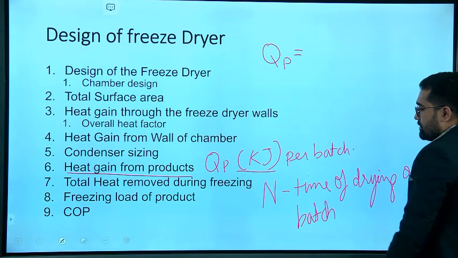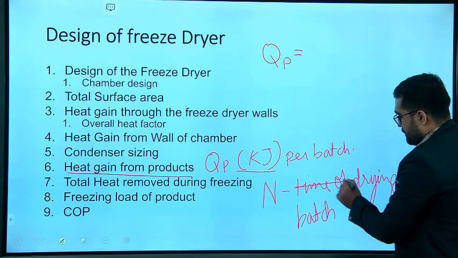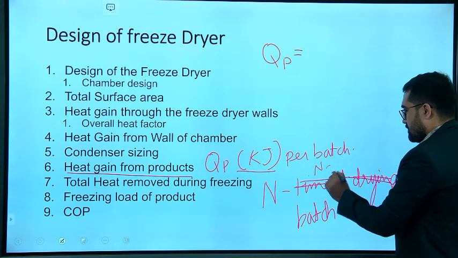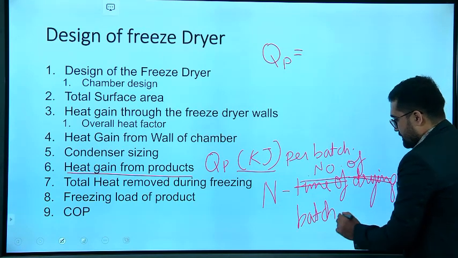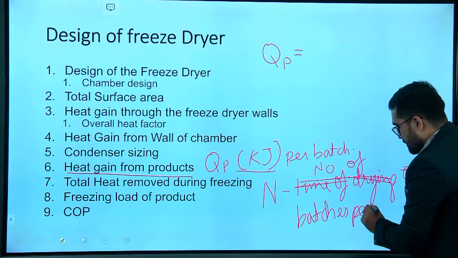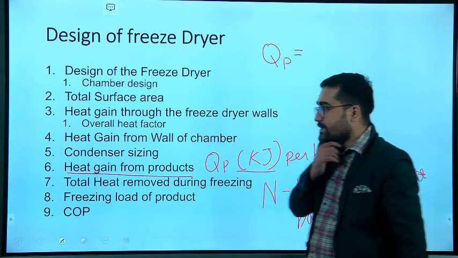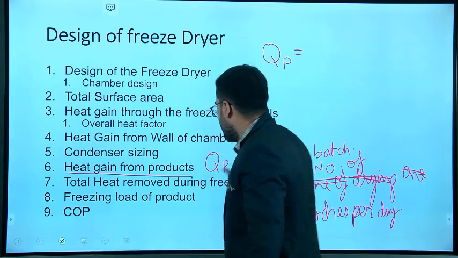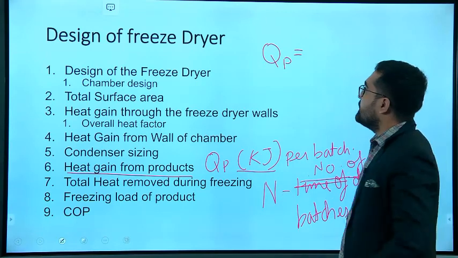Sorry, this N will be the number of batches per day. So this is what we will find out. We will find out Q and the number of batches we are performing in a day.